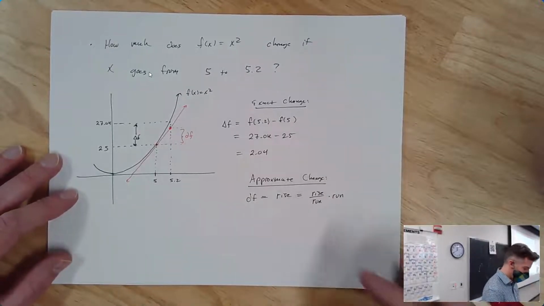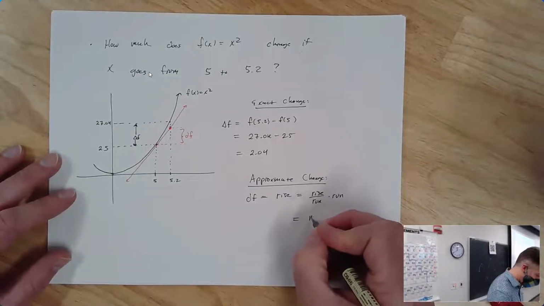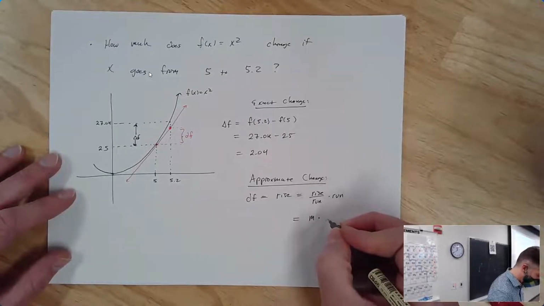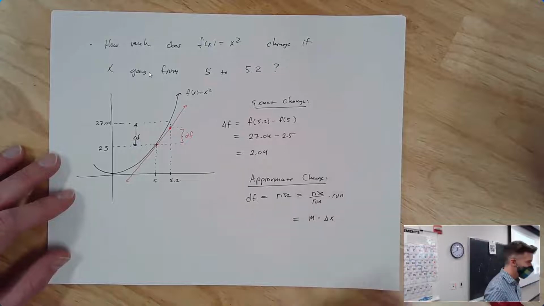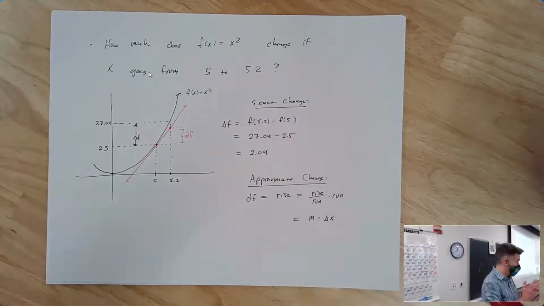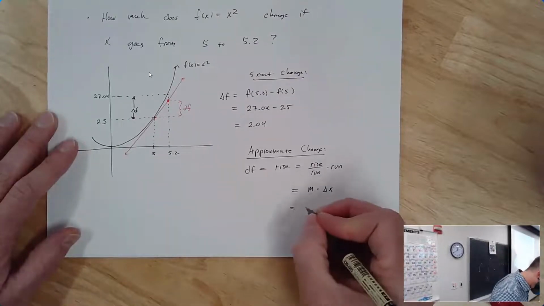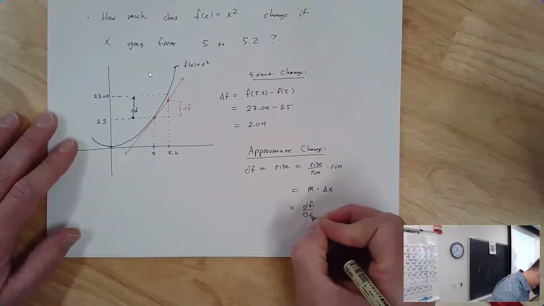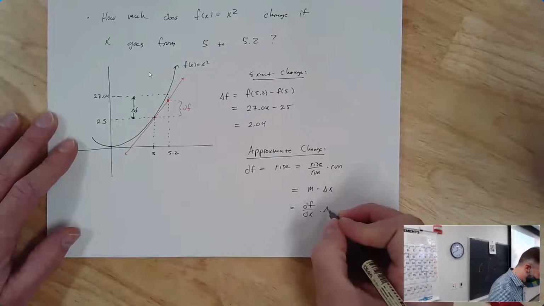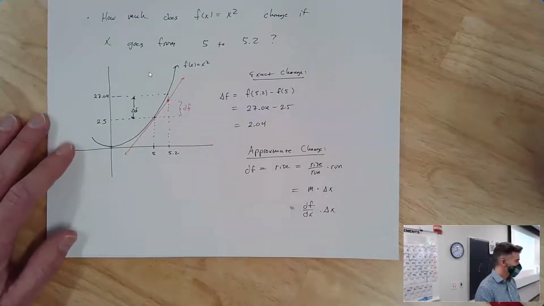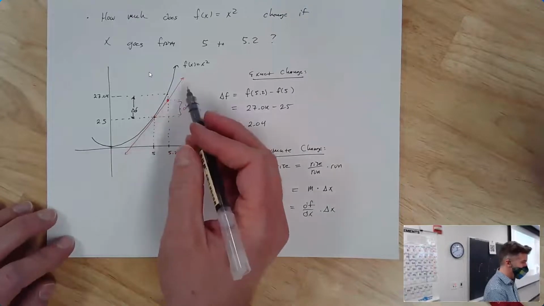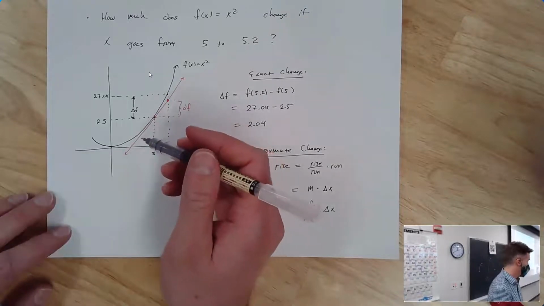Or as I would like to say, it's the slope times the change in x, because the run is how much x has changed. Or more specifically, the derivative times the change in x. The slope of the tangent line is the derivative at the point.